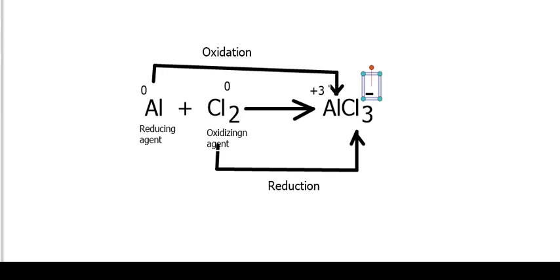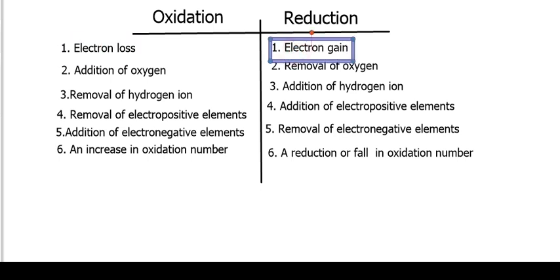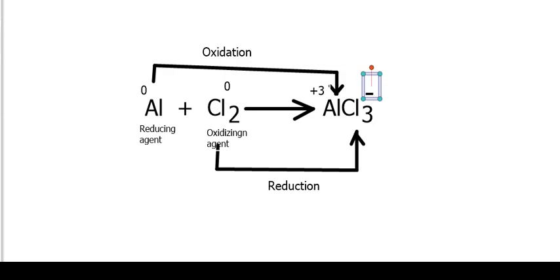And according to the definition, an electron loss is oxidation and an electron gain is reduction. So in that reaction, we can say that the aluminum has been oxidized as the aluminum has lost electrons, while the chlorine has been reduced as the chlorine gained electrons.